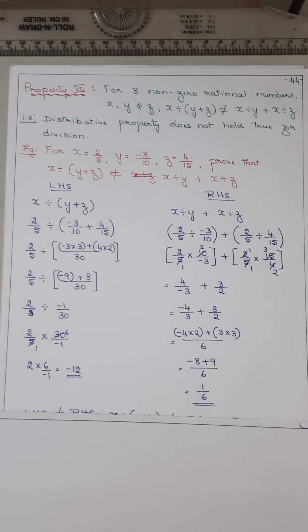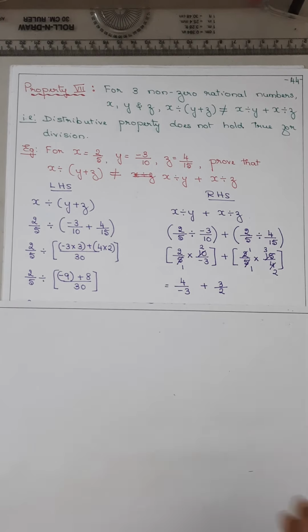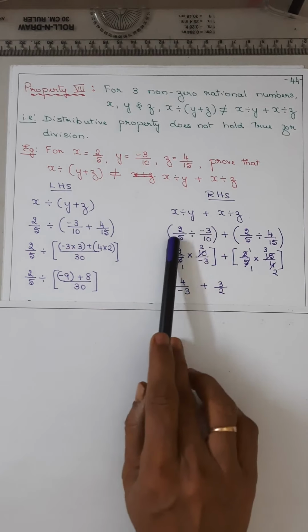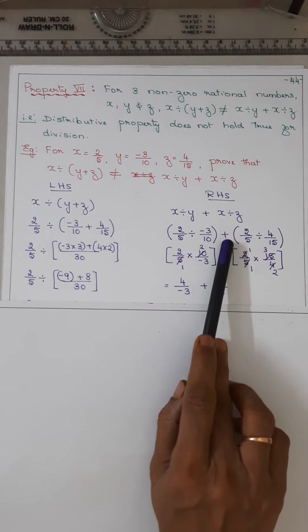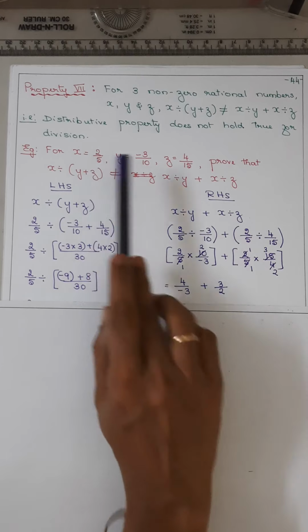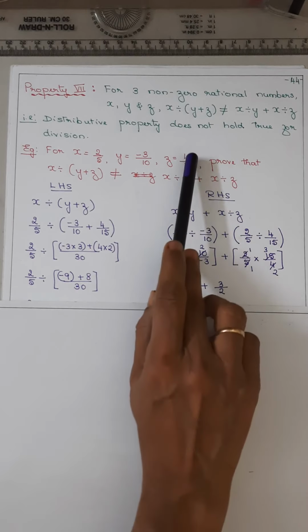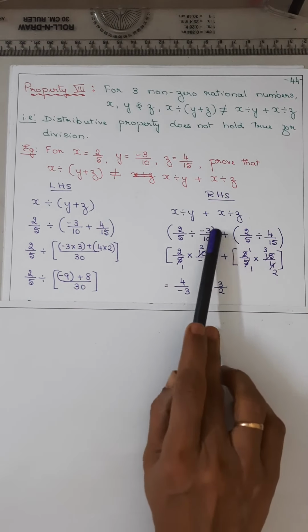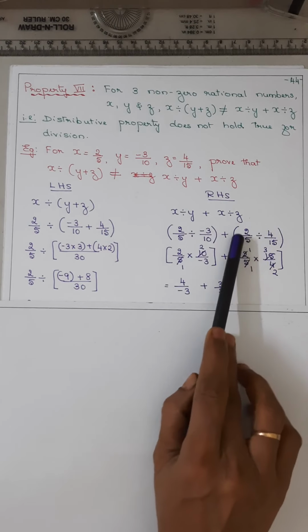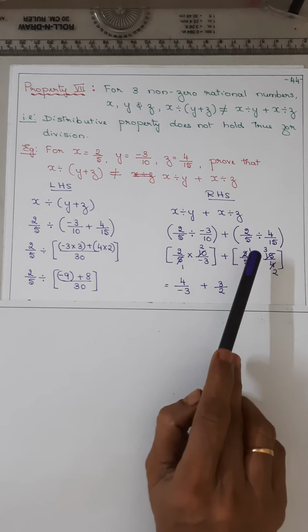Now coming to the RHS, put the values. It is 2 by 5 divided by minus 3 by 10 plus 2 by 5 divided by 4 by 15. Now solve this and then add.